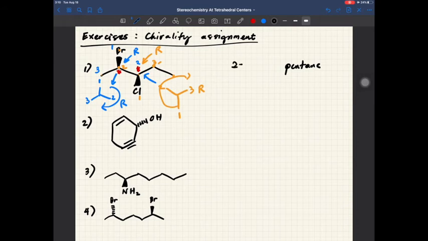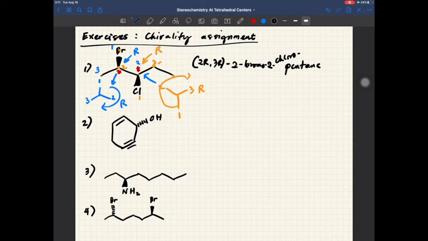So 2-bromo, 3-chloro, pentane, and finally we have to indicate the chirality at the start of its name. So at carbon number 2 we have 2R, and at carbon number 3 we also have 3R. Therefore the name of this compound is (2R,3R)-2-bromo-3-chloropentane.